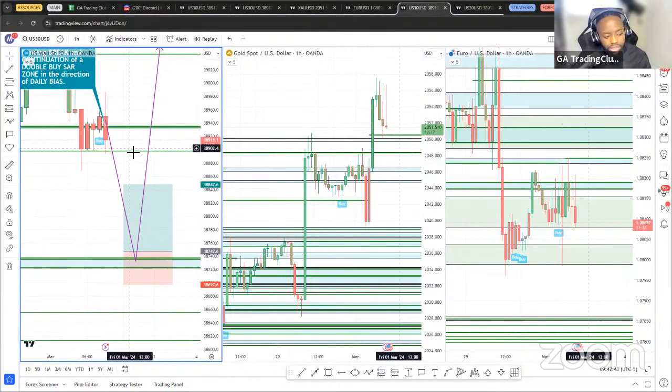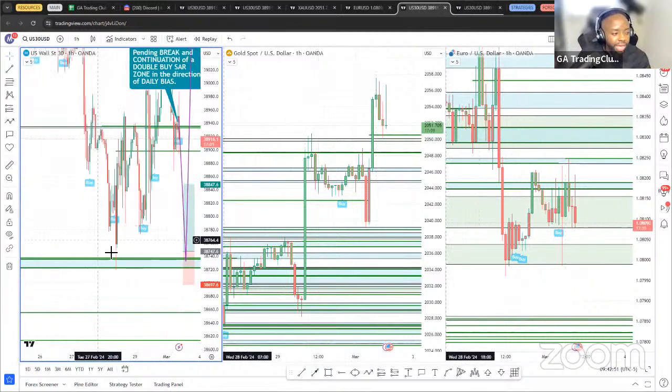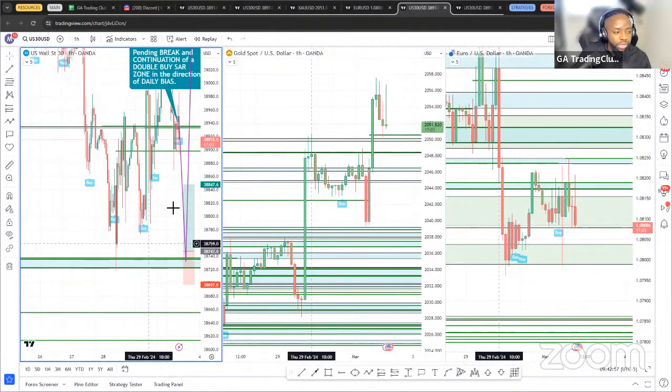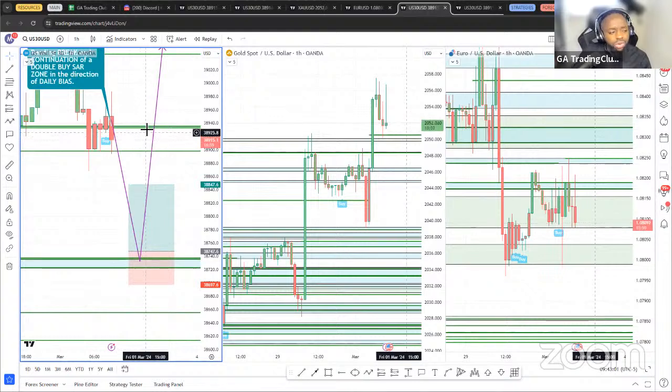Also, it does line up with the 250-point manipulation away from the psychological level. So this also lines up with the buy that I took, or we went over in the live session earlier this week. The psychological level is 39,000.